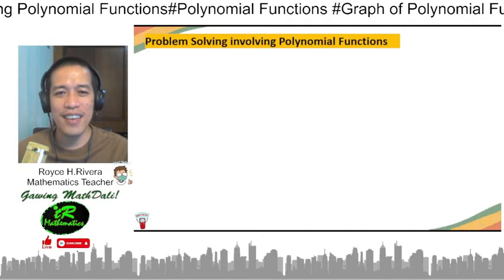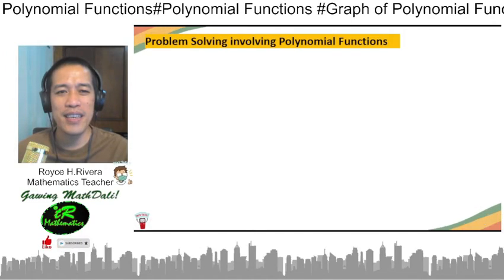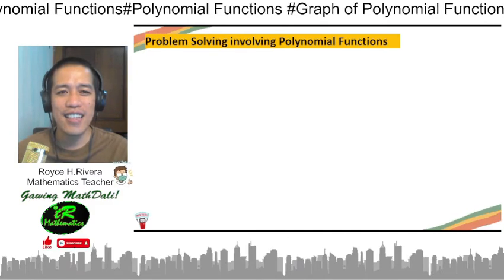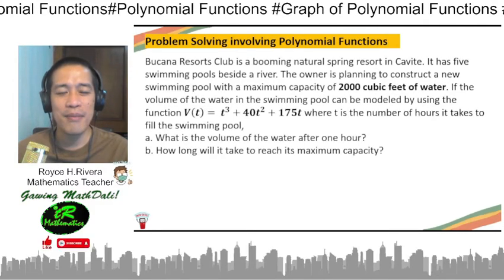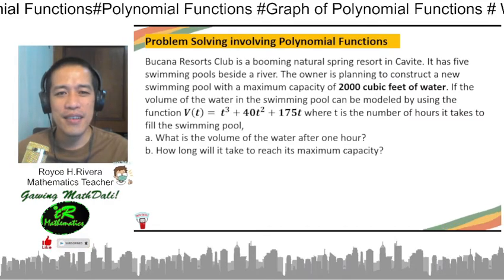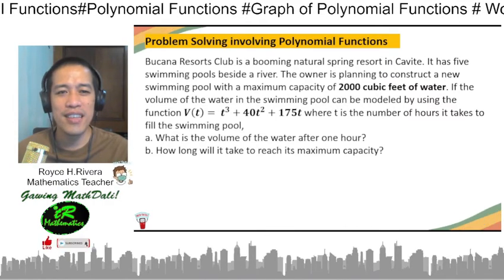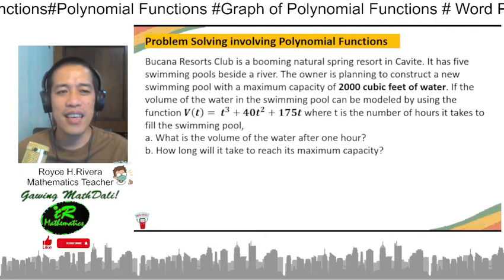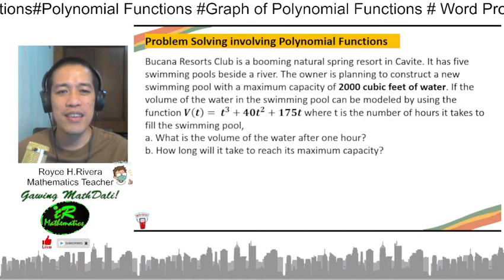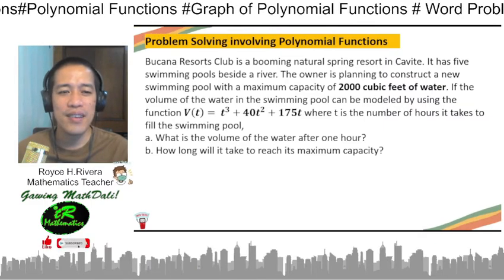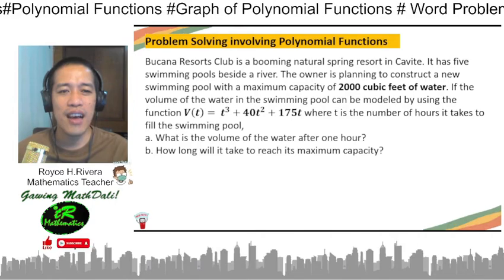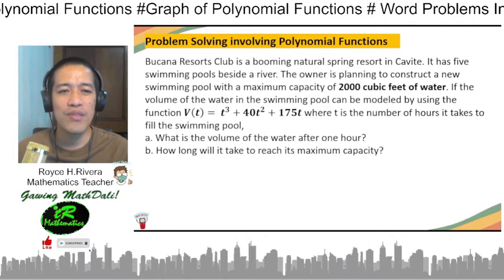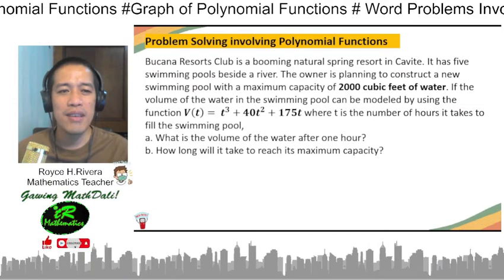Ngayon naman ay dumako na tayo sa problem solving involving polynomial functions. Tingnan natin ang given problem. Bukana Resorts Club is a booming natural spring resort in Cavite. It has 5 swimming pools beside a river. The owner is planning to construct a new swimming pool with a maximum capacity of 2,000 cubic feet of water.